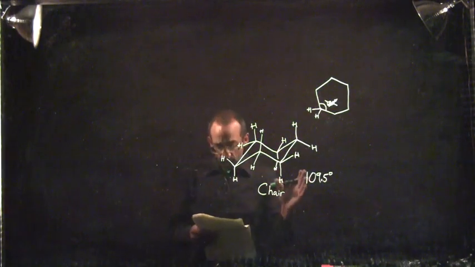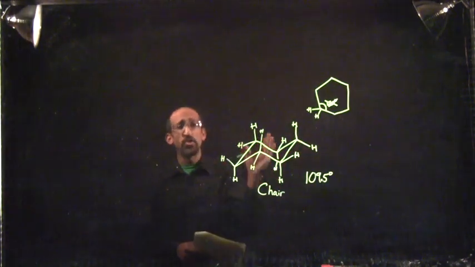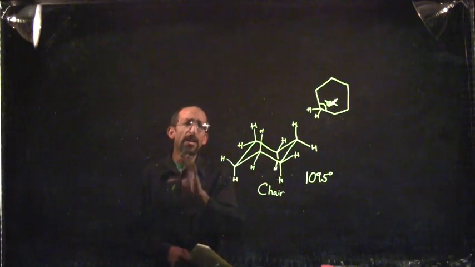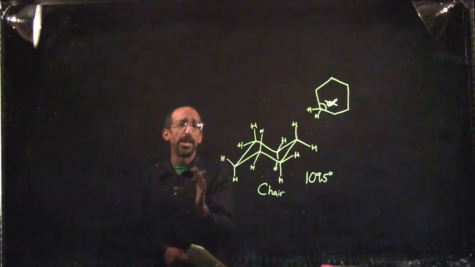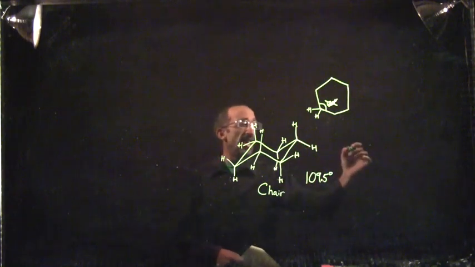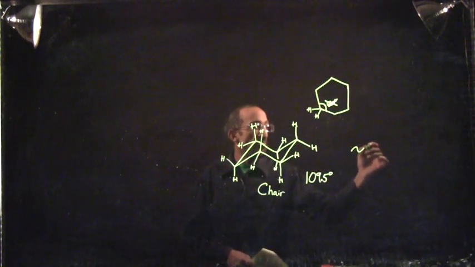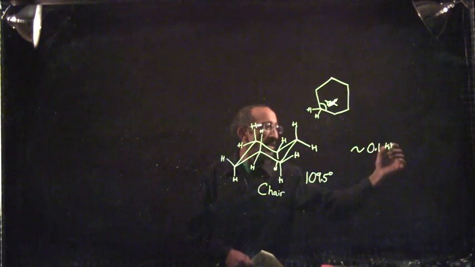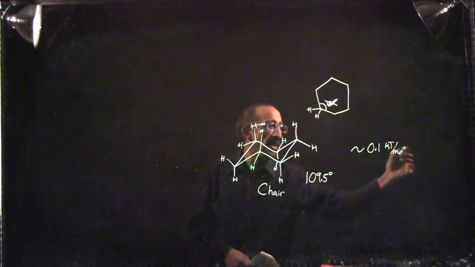And so if we do a strain analysis on cyclohexane, the same as what we've done for cyclopentane, cyclobutane, and cyclopropane, we see that it has approximately 0.1 kilojoules per mole.